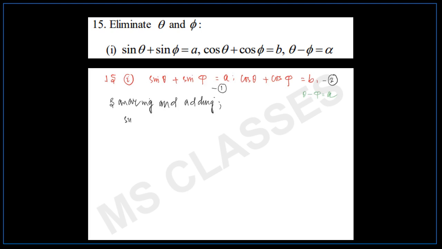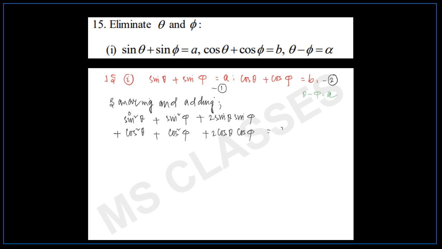Now this is sine square theta plus sine square phi plus 2 sine theta sine phi, plus cos square theta, from the second equation, we write this part cos square phi plus 2 cos theta cos phi. Now this is equal to what?